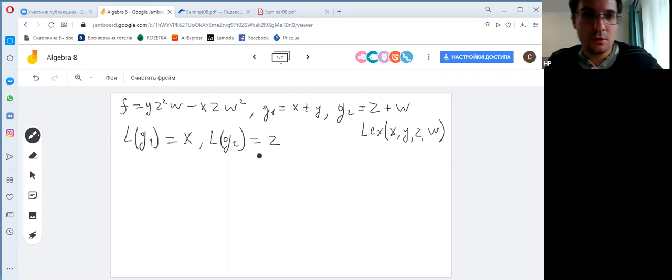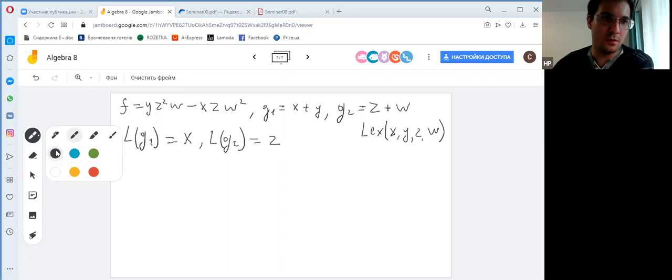It's your choice. Which monomial, the first or the second in f, will I take, and which of these two, x or z?